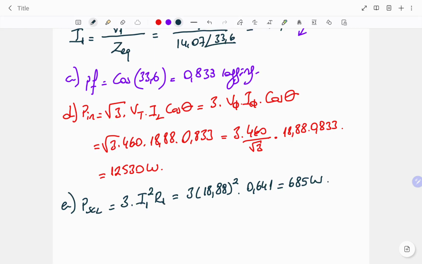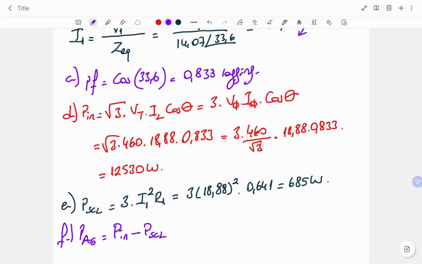The next calculation can be the air gap power. For the air gap power calculation, if we follow the power flow diagram, it should be input power minus stator copper losses, and also we must continue with the core losses in this expression. But core losses are combined with the rotational losses.